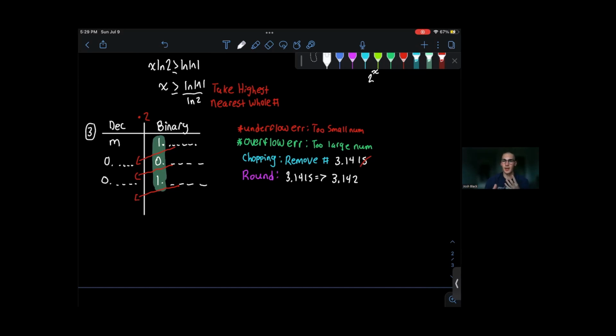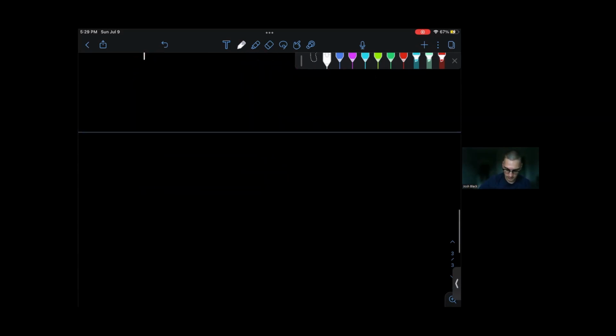We are then briefly introduced to something called machine epsilon, and it defines the bounds of our errors. Machine epsilon looks like this.